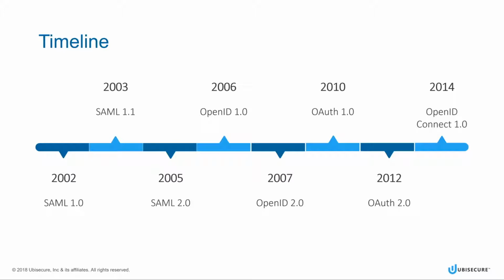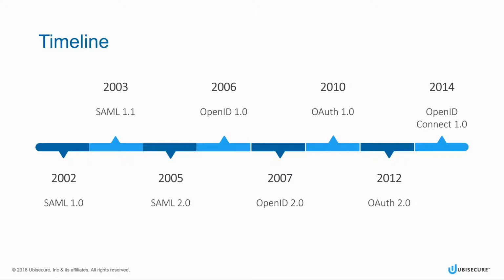Now let's have a look at the timeline of different protocols used for web single sign-on and for identity and access management. We can see here that SAML recently celebrated its 16th birthday and is by far the eldest of the three protocols that we will be going through today. SAML developed over time, and the current implementation is what we call SAML 2.0, and that has its roots back in 2005.